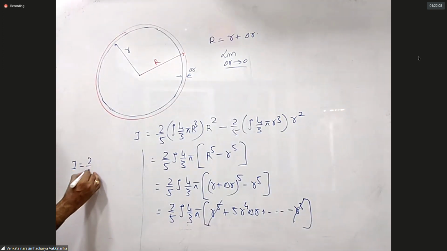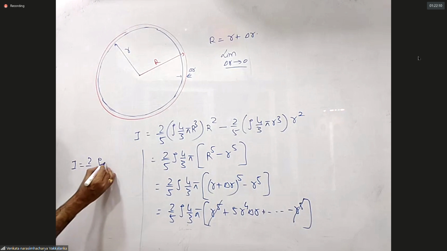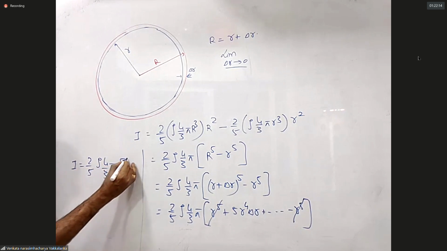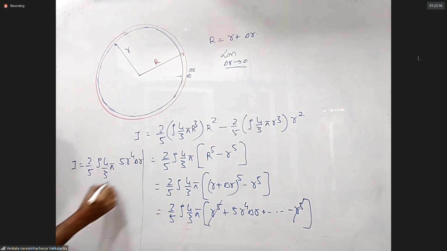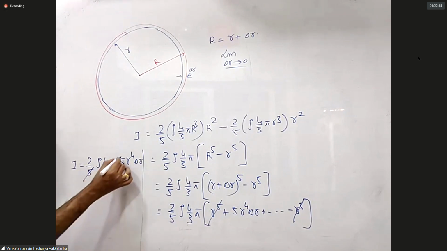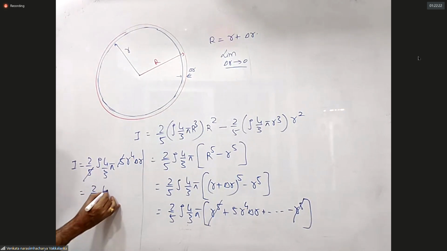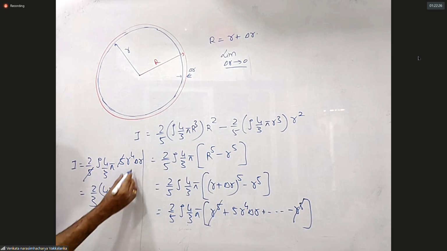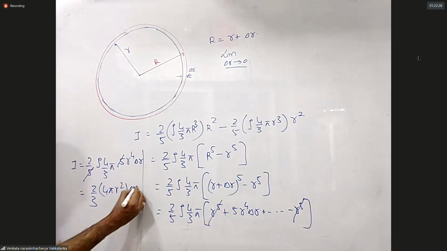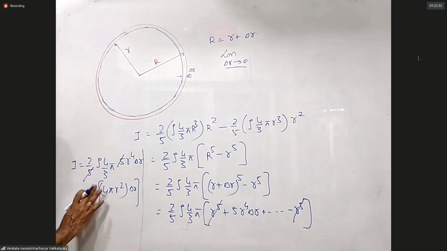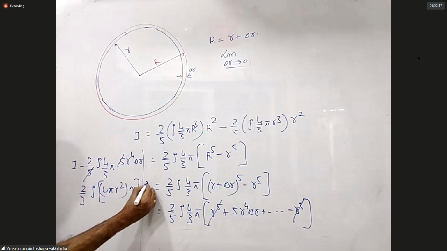I is 2 by 5 rho into 4 by 3 pi into 5 r to the power 4 delta r. 5 and 5 will go. Right? 2 by 3 into 4 pi r square into delta r into rho, that is 2 by 3 rho into r square.